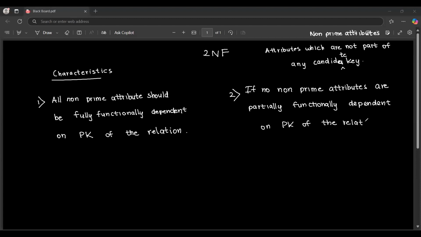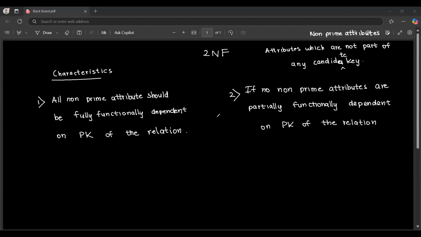So it is the same thing, but seen from a different perspective. You can check the second normal form of a relation by checking for partial functional dependency, or you can check for full functional dependency, to make sure whether the relation is in 2NF or 1NF. That's your call.